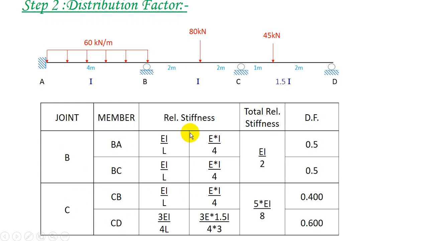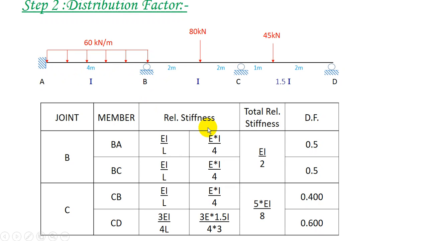Now relative stiffness. If you might be knowing, then it's good, but if you don't know, don't worry, I'll just tell you the formula. It's very simple formula. For my intermediate support, suppose I take member BA, where A is the far off end for member BA, and if my far off end is fixed, then my formula is EI by L, where L is the length of the member.